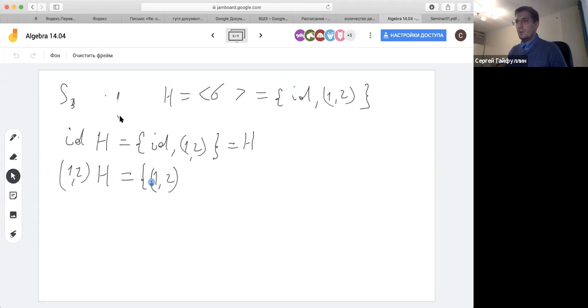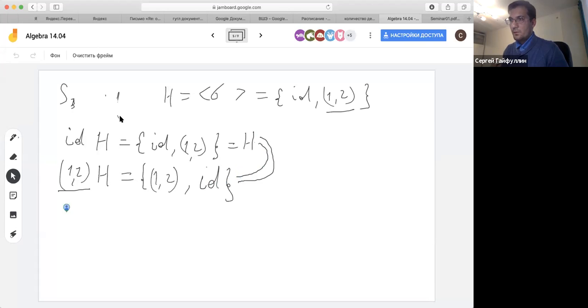And the second element is 1, 2 multiplied by 1, 2. So I have identity. These sets coincide. So these left cosets coincide. Okay, let's proceed.